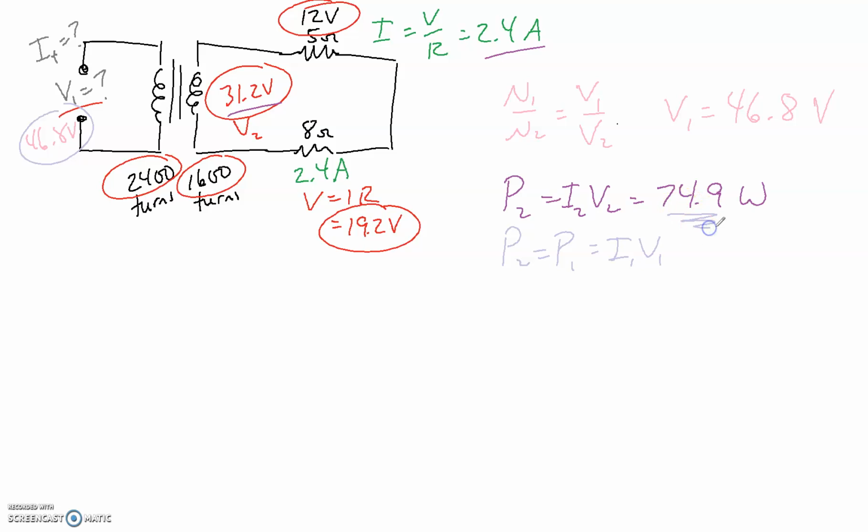So if I take that exact same power of 74.9 and I divide it by the 46.8, which is my primary voltage, my primary current ends up being around 1.6 amps. Okay, so I had 46.8 volts. I go to the secondary, my voltage got smaller. I had 1.6 amps on my primary. I went to the secondary and my current got bigger, which makes sense. As one gets bigger, the other one gets smaller.